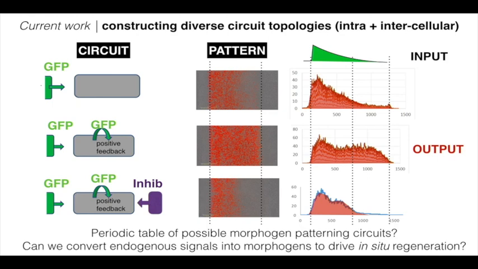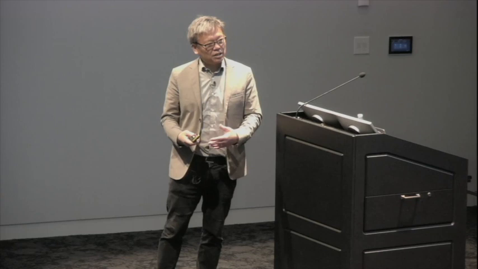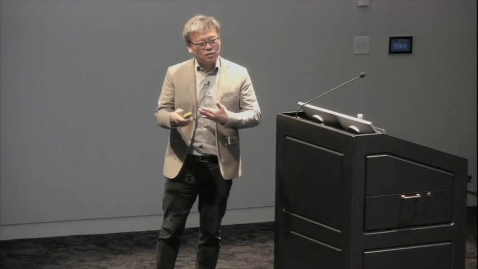So we are interested in asking, can we start trying to assemble, in this sort of generalizable generic system, more of a periodic table of possible morphogen patterning circuits, and understanding how you interleave different sorts of things, like what happens at an individual cell versus what happens more globally in the tissue. I also want to point out that we've talked about making an arbitrary molecule into a morphogen.